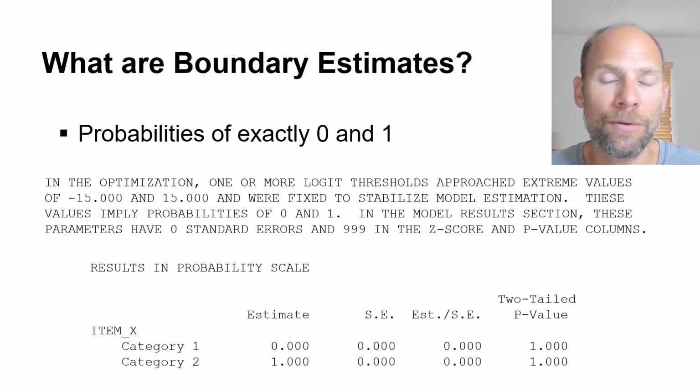In this case, they don't for whatever reason, so they have p-values of 1.0, which doesn't make any sense when you have no standard error. So this is how you would find them. You would probably get some sort of warning message about them, and then subsequently in your parameter output, you would either find extremely large or extremely small logit threshold values, or you'll find probabilities of 0 and 1. So that's what they are, and that's how you can find them.